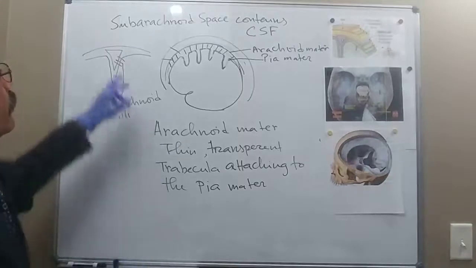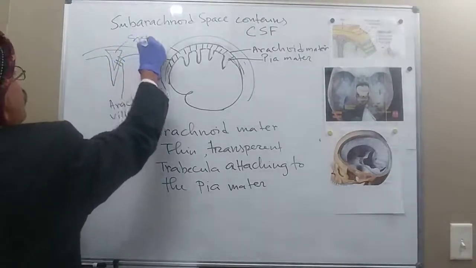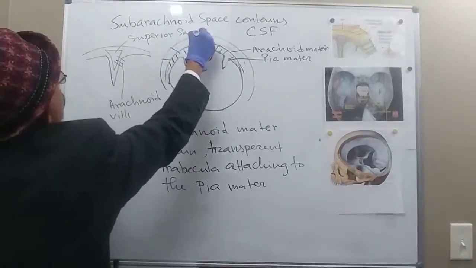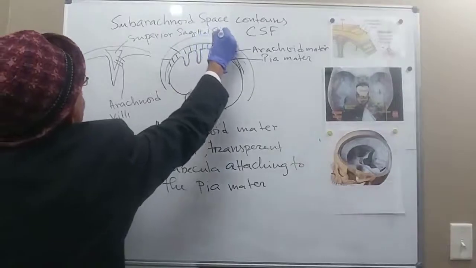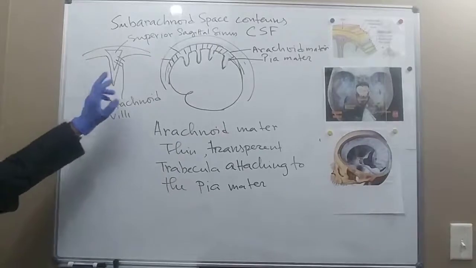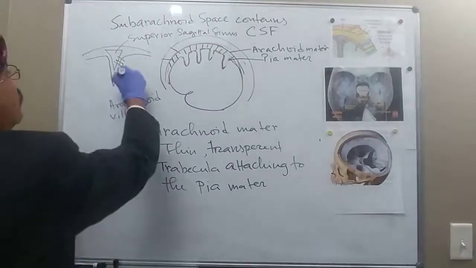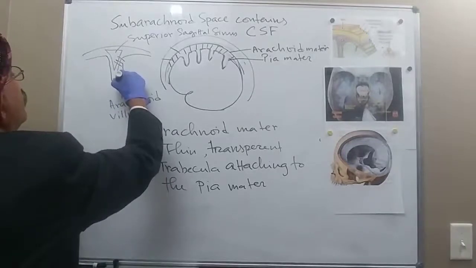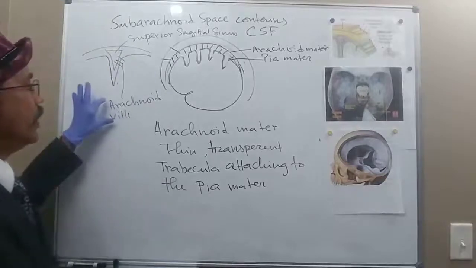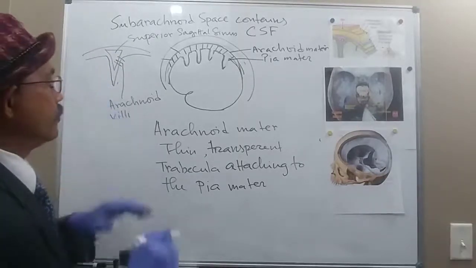Villi enter the superior sagittal sinus, and the role of arachnoid villi is to drain the CSF from the subarachnoid space to the dural venous sinus. A collection of arachnoid villi is called arachnoid granulation.